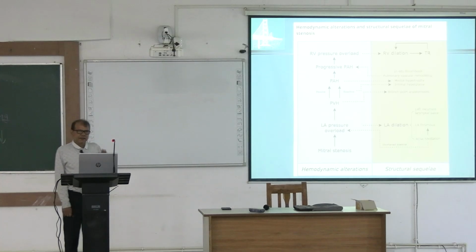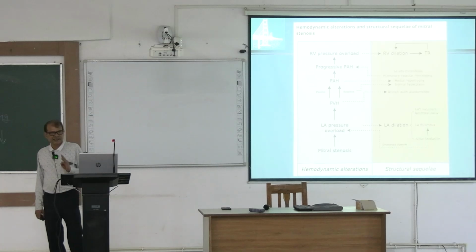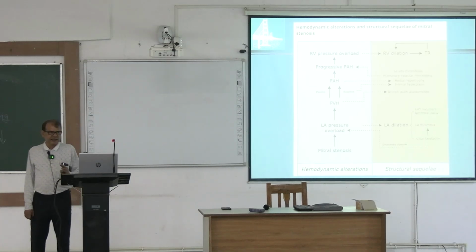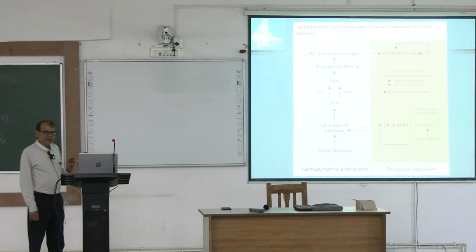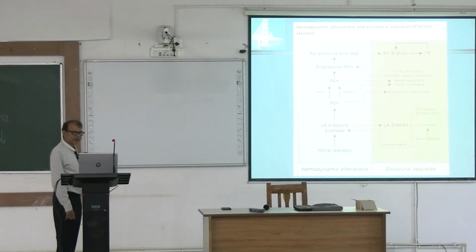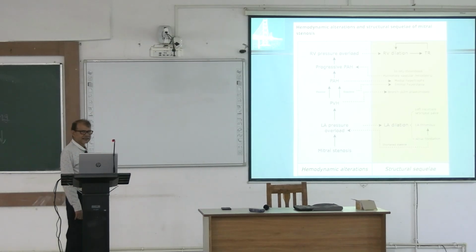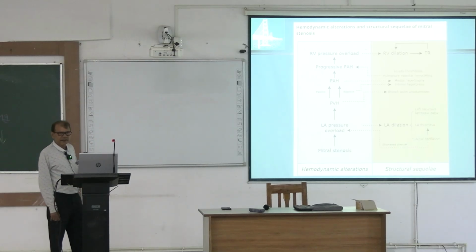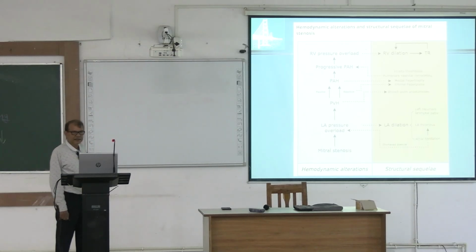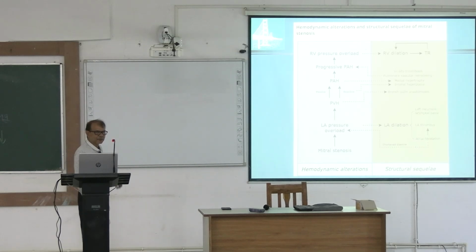Second, pulmonary arteriolar vasoconstriction in response to pulmonary venous hypertension, that is reactive in nature. Third, the interstitial edema compressing the walls of the small vessels, that is the arterioles. And fourth, the organic obliterative changes in the pulmonary vascular bed producing pulmonary arterial hypertension.